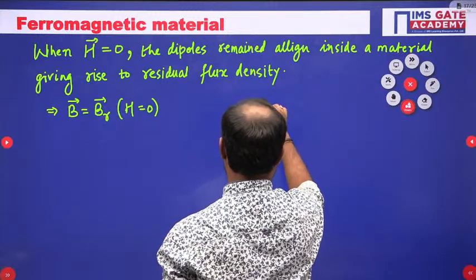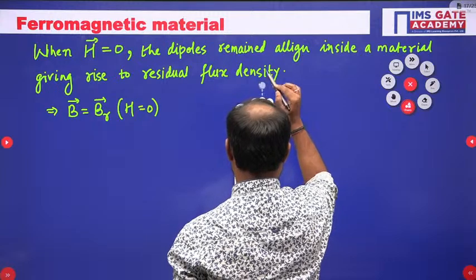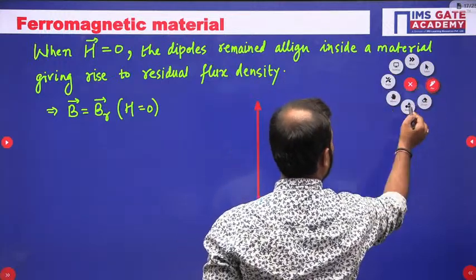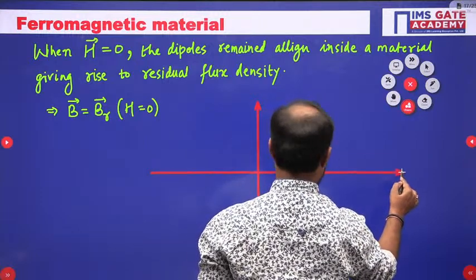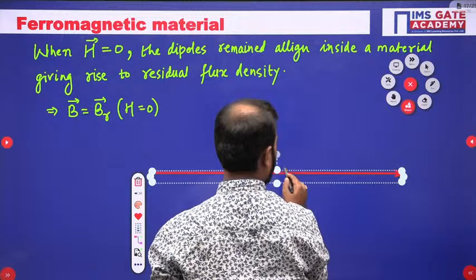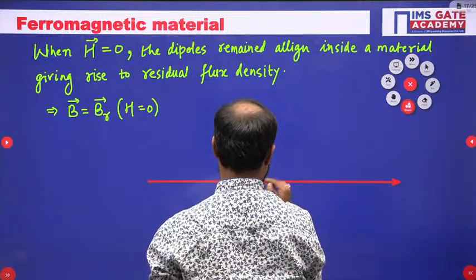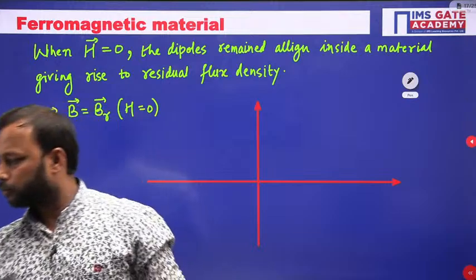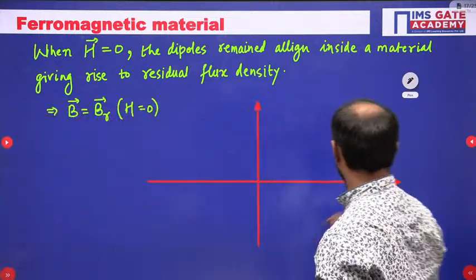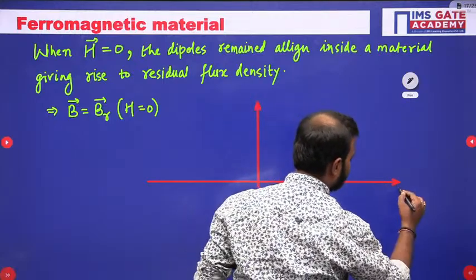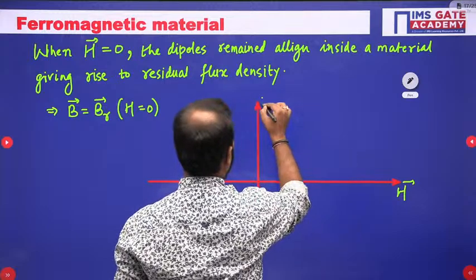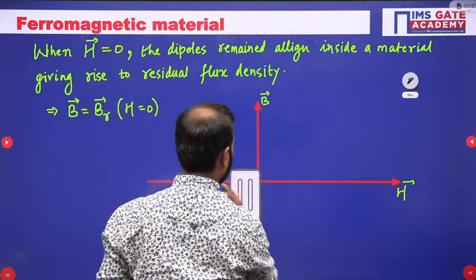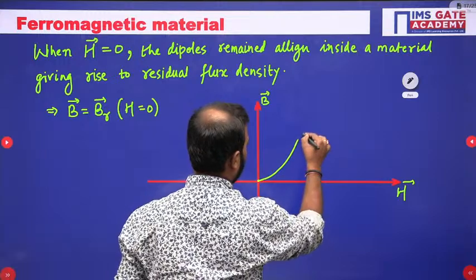Let me draw it. Okay, so if you have made a magnetic material, let me mark this axis H and this is B. So for the first time when H is 0, then B is also going to be 0, and it will follow this path like this.